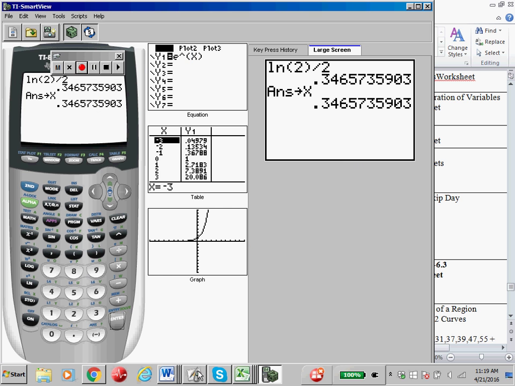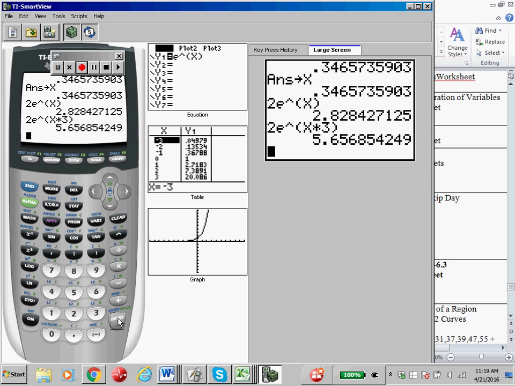I'm going to take 2e, and then I'm going to press the X key that I stored it in. Isn't that fantastic? So we have to do times 3. Yeah, you're right, sorry. So do we just do 3x? Yeah, 3x. Sorry, times 3. Whoops, that's not the right answer. There, it should be 5.657.